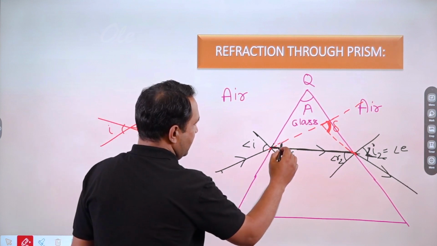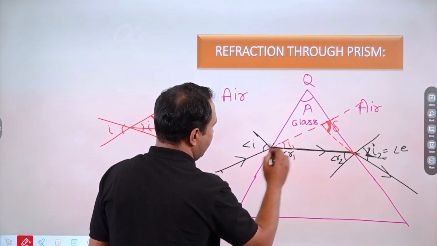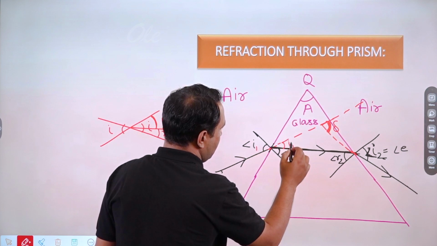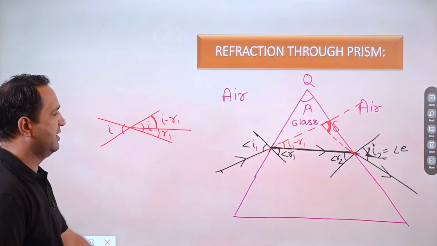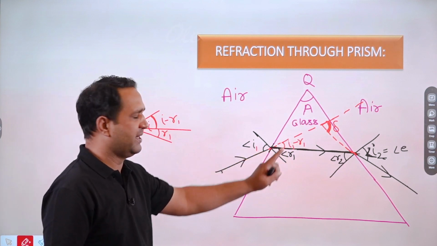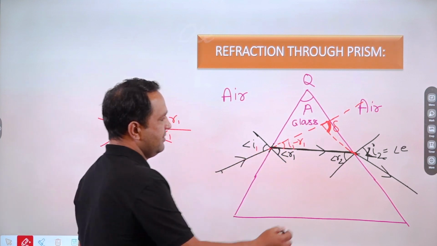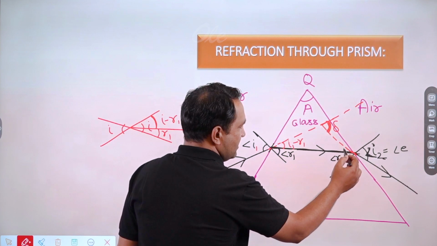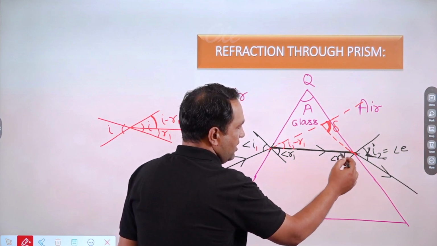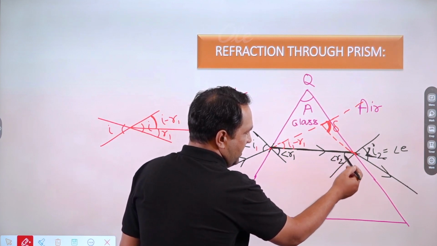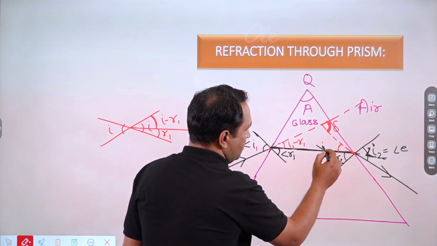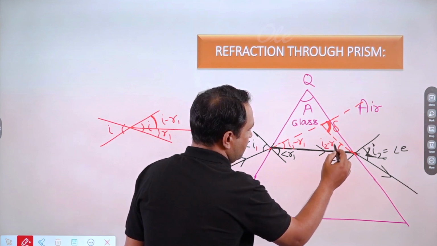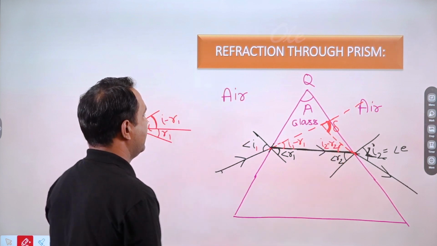Suppose that this is I1. So this angle will be I1 minus R1. Again, if this angle is I2, then this angle should be I2. And if this part is R2, then this remaining part will be I2 minus R2. Okay, I2 minus R2.